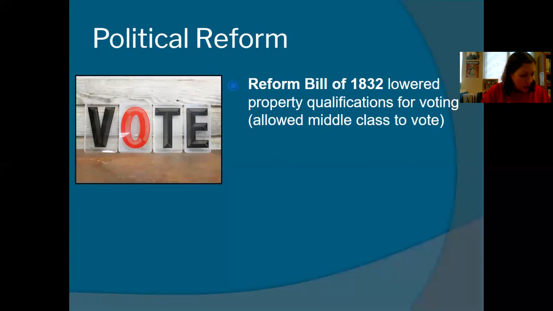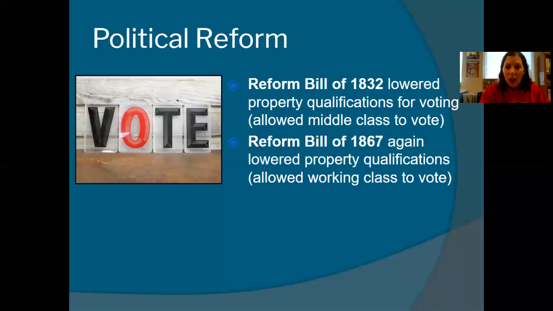The king was a little unhappy, but it did end up getting passed in 1832 and became law. The Reform Bill of 1867 lowered property qualifications even further and allowed the working class to vote. So kind of a big deal.